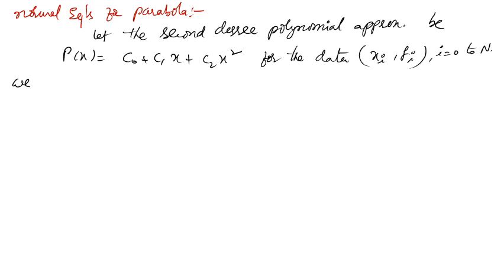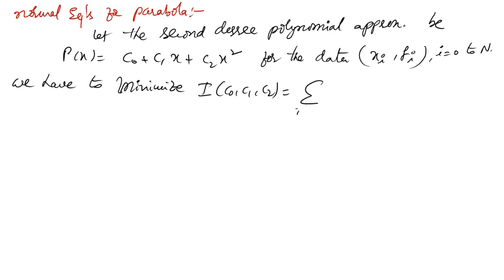So we have to minimize I(c0, c1, c2) equal to the summation, with data points given, i equal to 0 to n, of the function f of x minus this quadratic polynomial, c0 minus c1x minus c2x square, whole square.